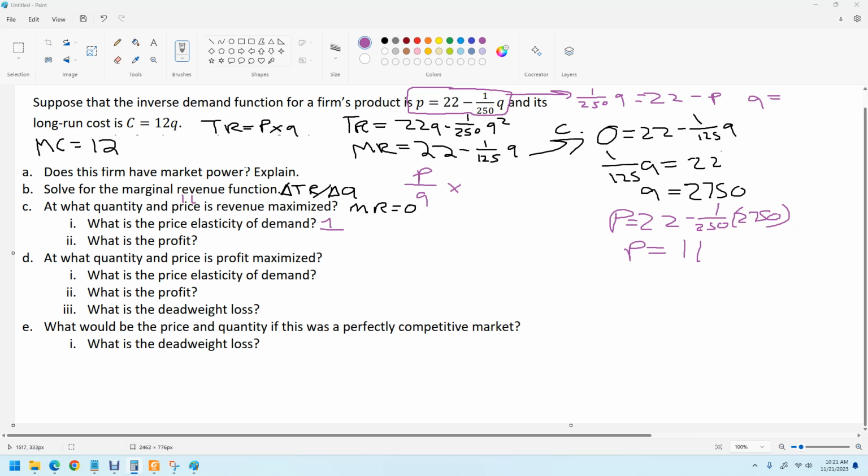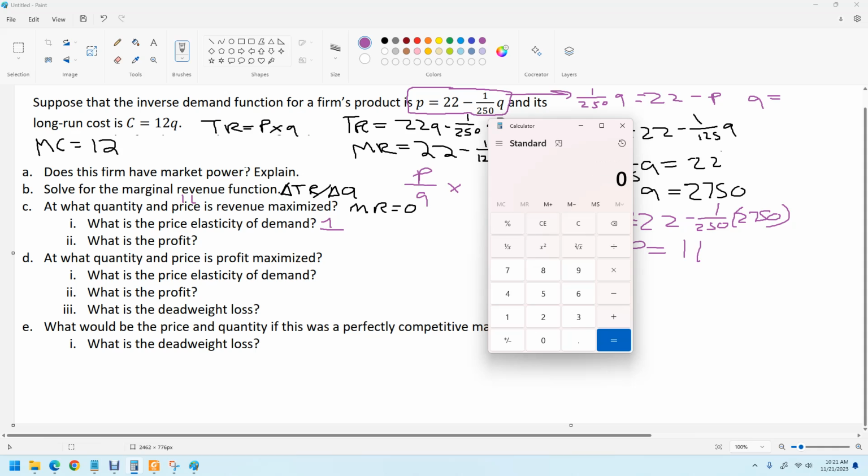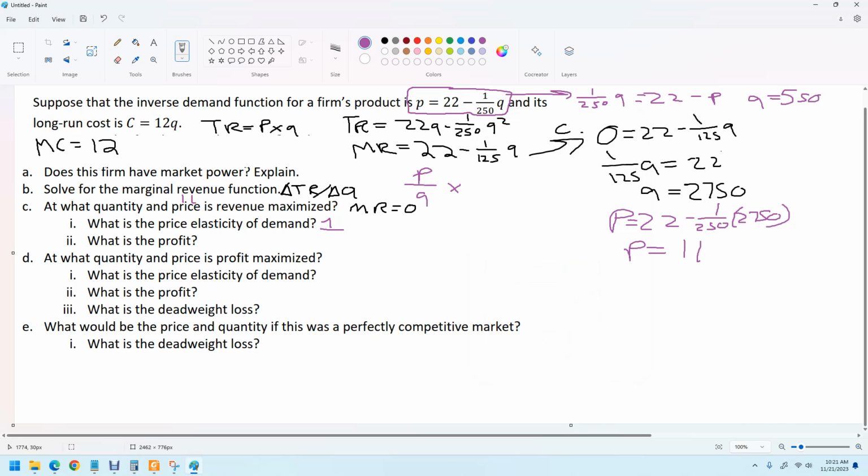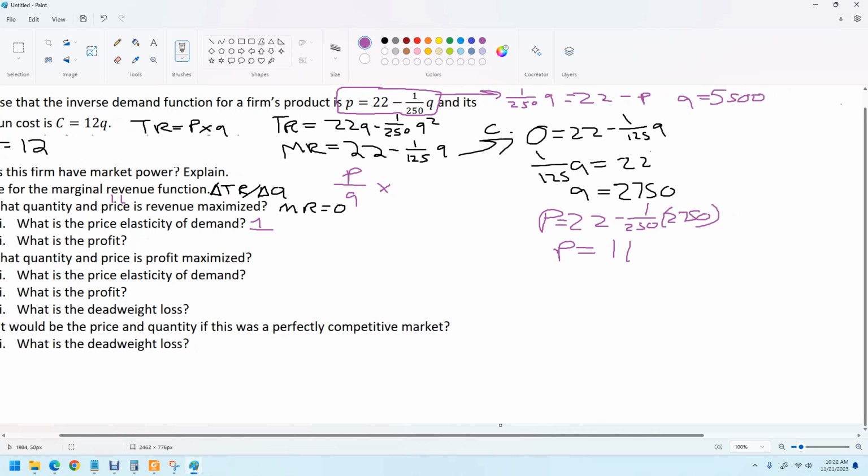So 22 times 250 is 5,500, minus 250 P. So this coefficient here is 250.